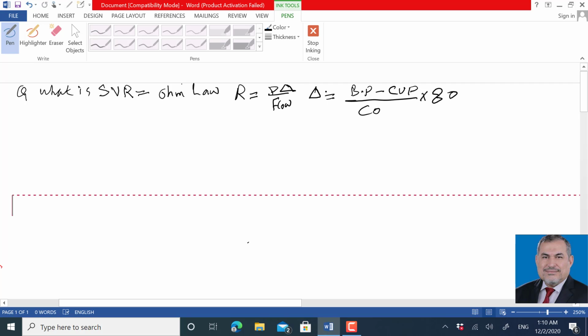This is the delta. So resistance is delta pressure over flow. Here is cardiac output.